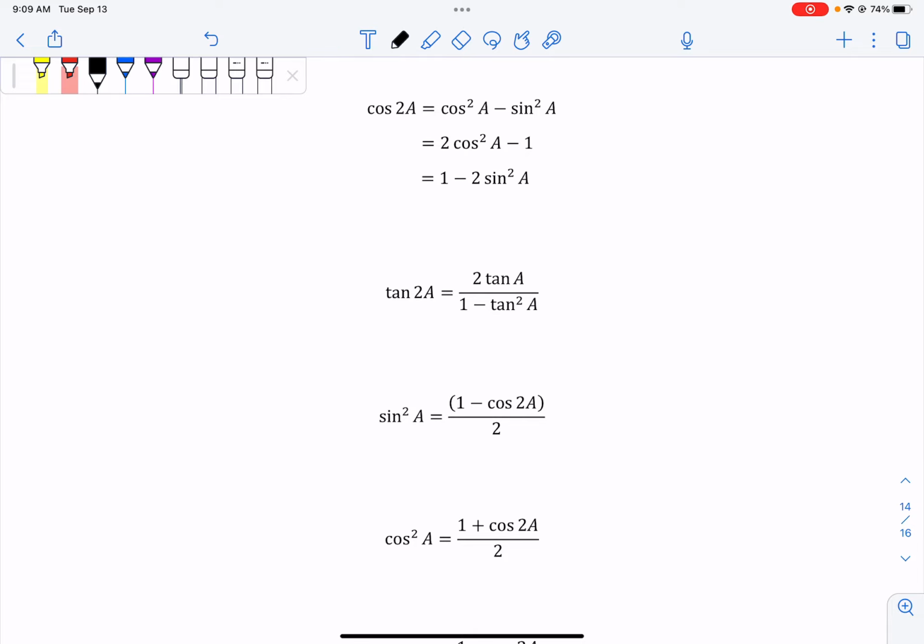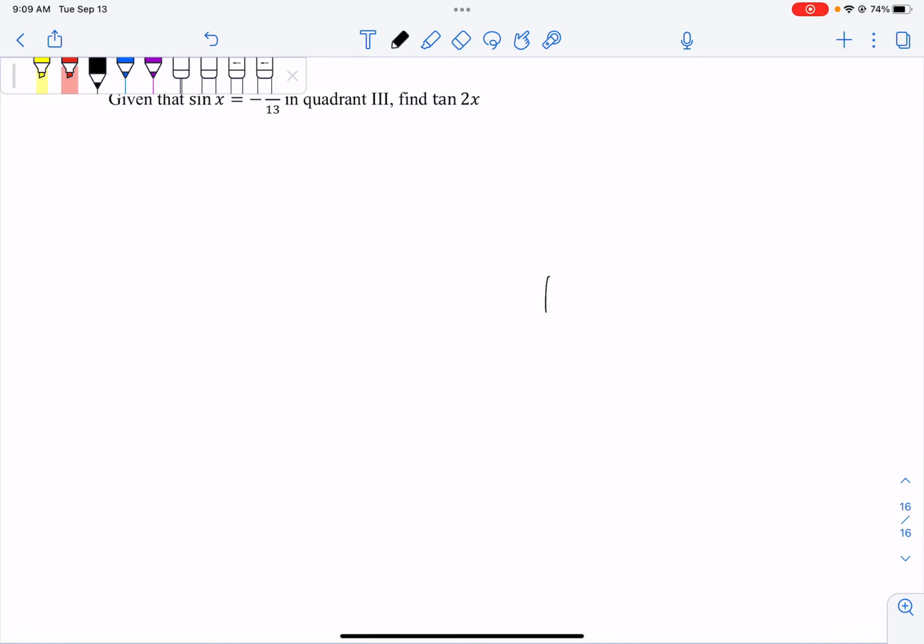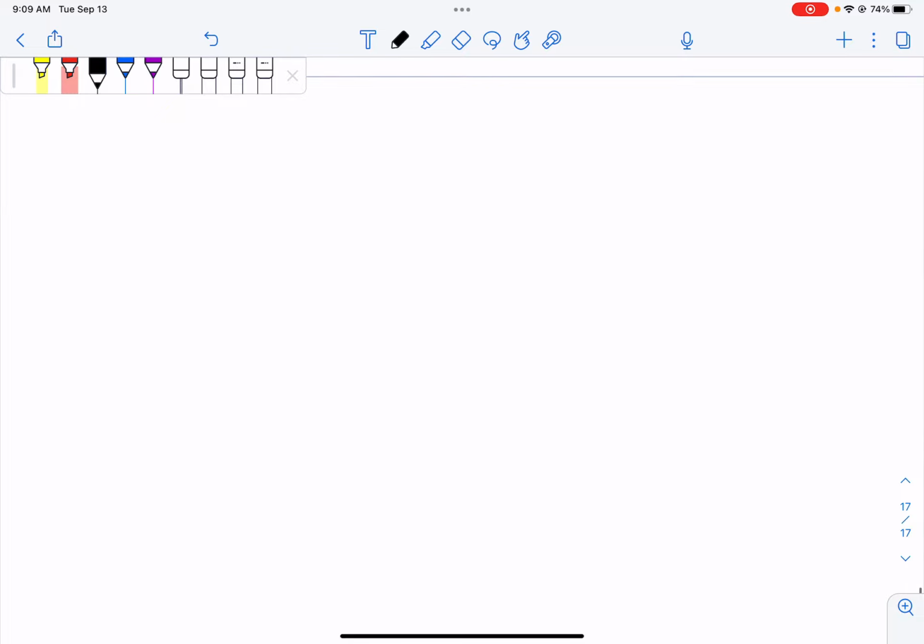The one additional thing I want to do is go over the unit circle. Sine squared theta plus cosine squared theta is equal to 1. Or in other words, x squared plus y squared is equal to 1.